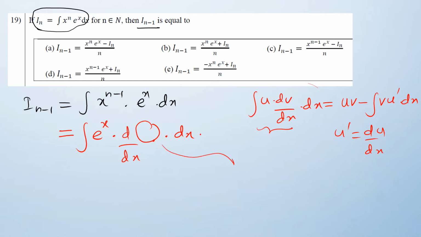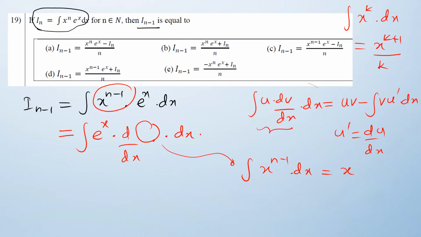That function will be the integration of the remaining function, x^(n-1) dx. The integration of that is x^(n-1+1). For that we use this property: if you integrate x^k, it is equivalent to x^(k+1) over k+1. So we have x^n over n.